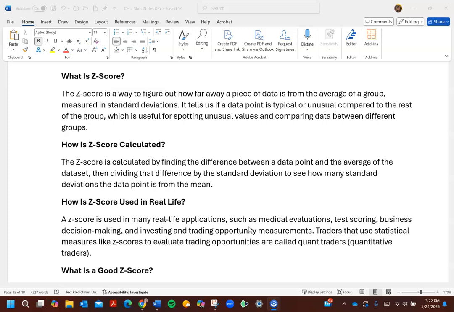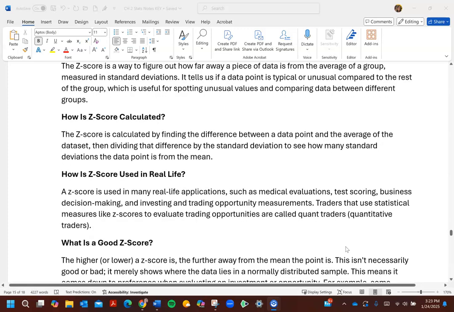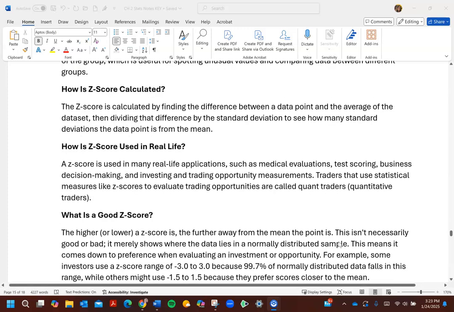In real life applications, it could be used for medical evaluations, test scoring, business decision making, and investing in trading opportunity measurements. Traders that use statistical measures like z-scores to evaluate trading opportunities are called quant traders, quantitative traders. What is a good z-score?